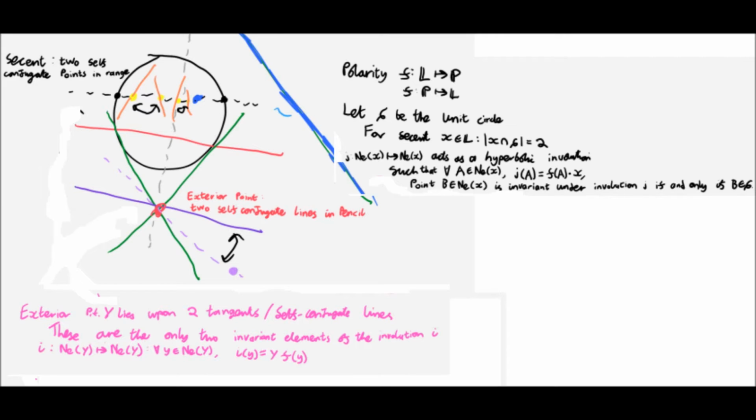And so it follows that if we have an exterior point and we consider such an involution on its pencil, that involution is going to have two invariant elements. So it'll be a hyperbolic involution. That's for an exterior point. And if we consider an interior point, it won't have any tangent, so it won't have any invariant elements under the involution.